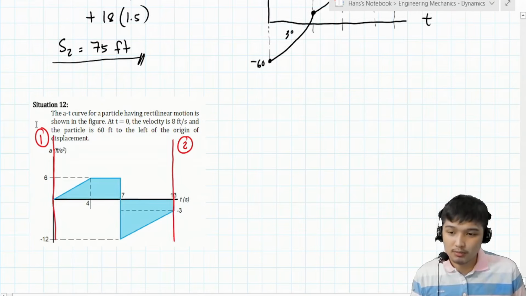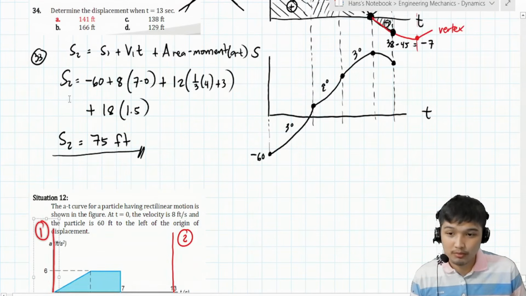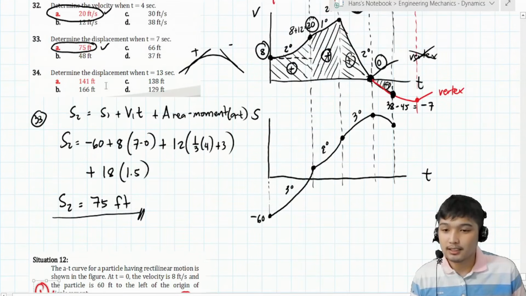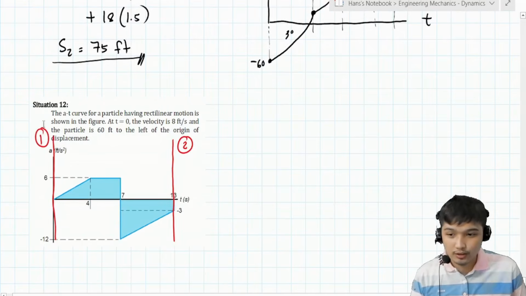Lahat yan, imo-moment mo at 0.2. Kasi as you can see, masyado siyang matrabaho guys. So what I can do is to use yung nasolve ko na before, itong S2, or yung S at 7 seconds. Pwede ko siyang gamitin as my new initial point. Guess nyo ba yun, guys?